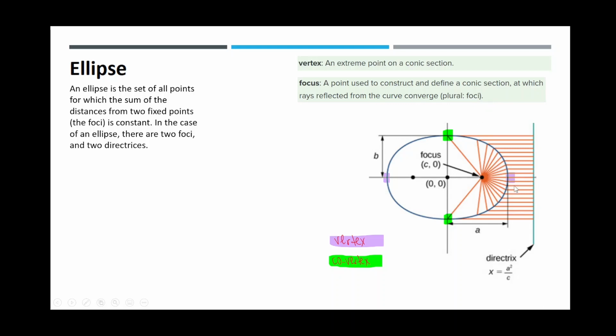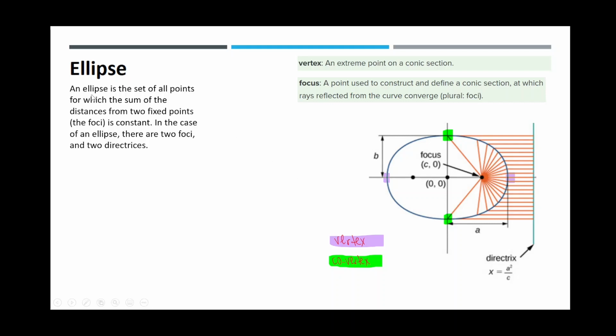So if you were to imagine light rays coming from a straight line over here, a source of light that emits rays, and as they come into an ellipse, they would be reflected right into this focal point. So this type of technology is actually used in medicine as well, when they're trying to maybe break up some sort of kidney stone, and they could focus rays at one specific point.